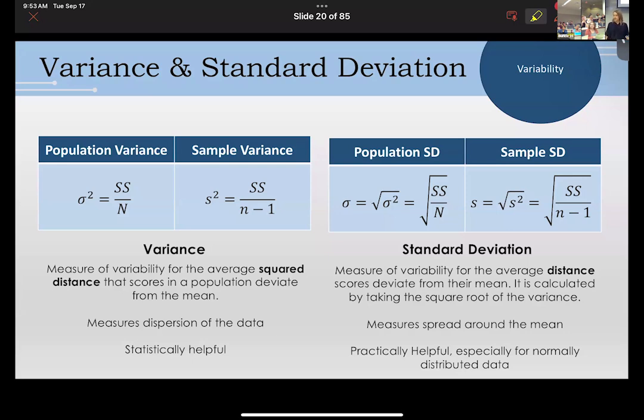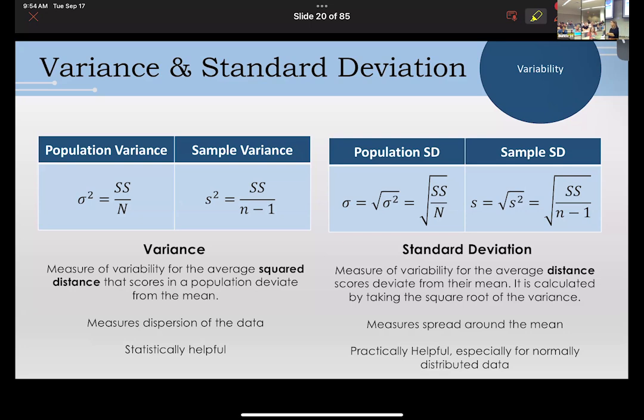Standard deviation is just the square root of that, and it helps us understand the average distance of scores and the spread around the mean, and it's practically helpful, right? It's easy to say to somebody, you are 1 standard deviation above the mean.